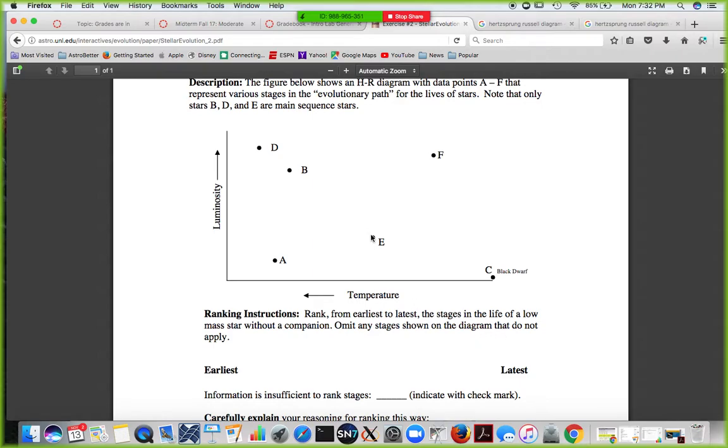So a low mass star would start as perhaps E, right? That's the most recent one. And then it goes to F as a giant, and eventually becomes a planetary nebula. Since B and D are main sequence, they're not there, and then it appears as a white dwarf, and eventually as a black dwarf. Okay.